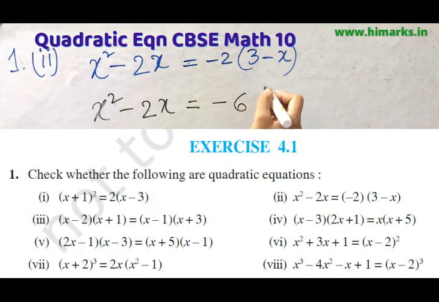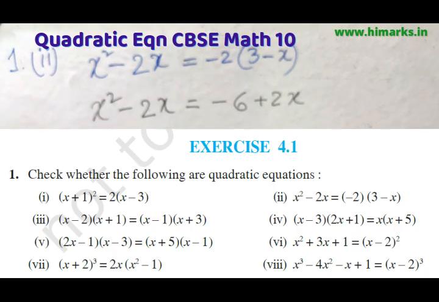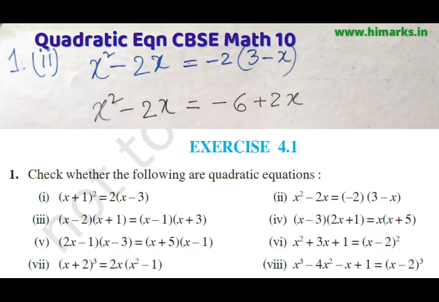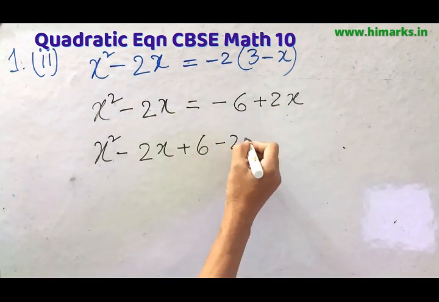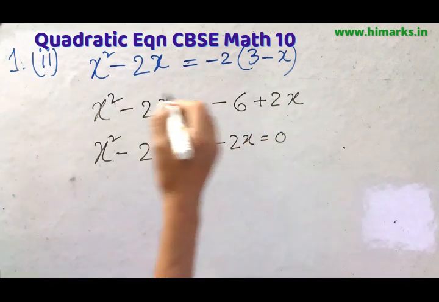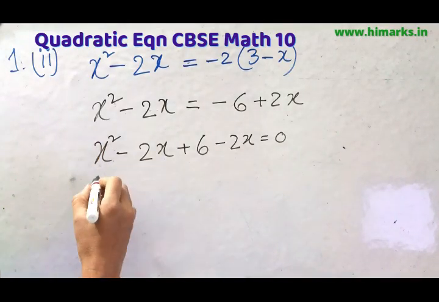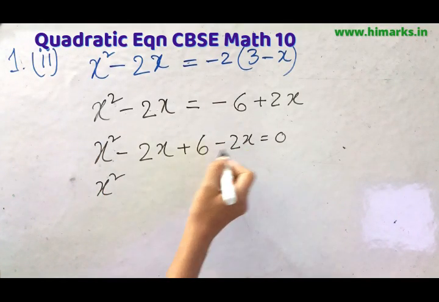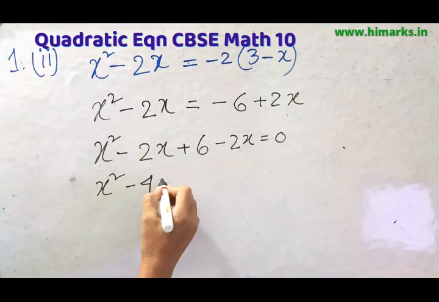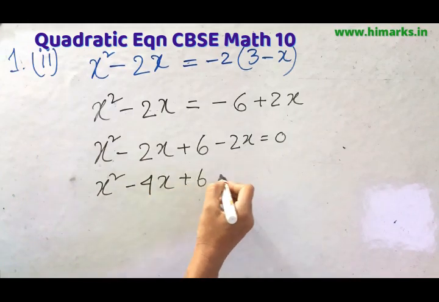Minus 2 into minus x is minus and minus plus, so this is 2x. The next step is to bring all the terms to the left side. So x square minus 2x, 6 will come to this side as plus 6, and plus 2x will be minus 2x, equal to 0. Now let us put it in order: x square minus 2x minus 2x is minus 4x, so we bring it here, and plus 6.